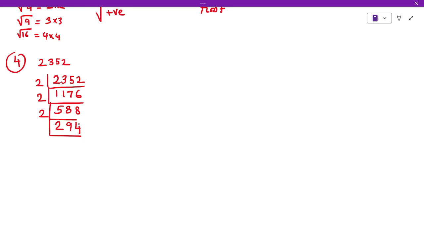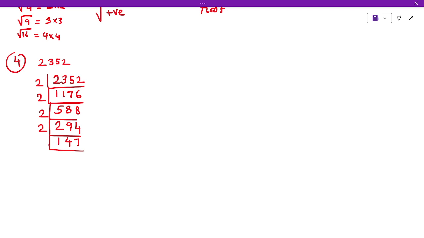Again it is an even number, the unit digit is 4, so therefore it will be divided by 2. So 2 1s are 2, and 2 4s are 8, 2 7s are 14. Now you see here, what is the unit digit? 7, right? So therefore this number 147 is not divisible by 2. So therefore we look for the next prime number, not the next number, the next prime number.